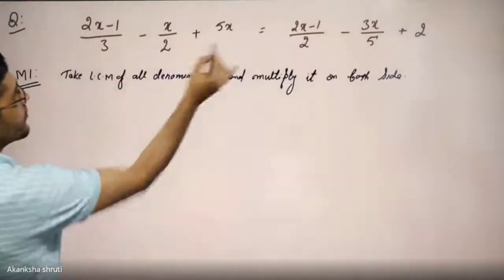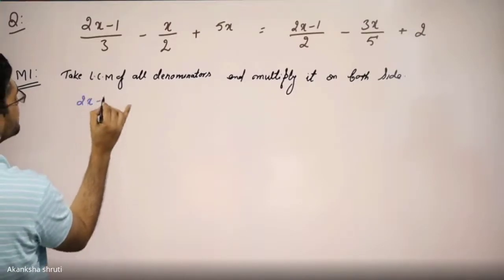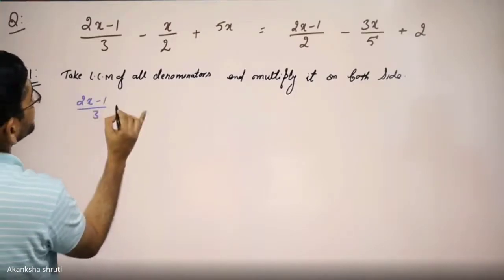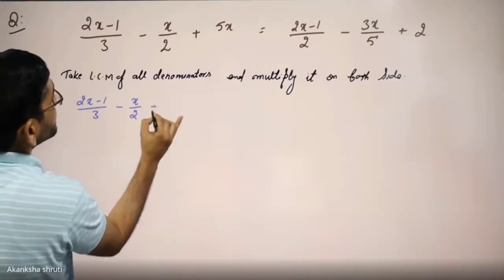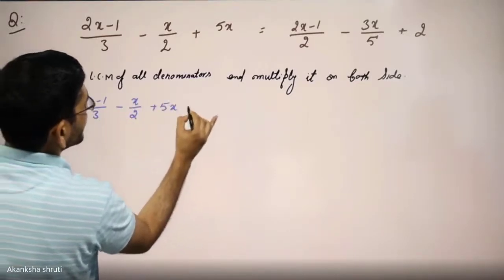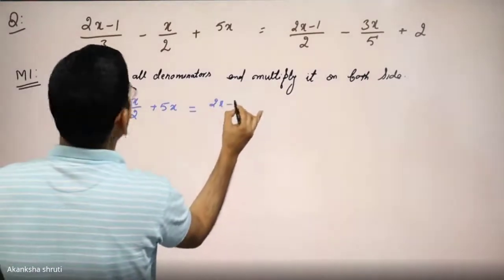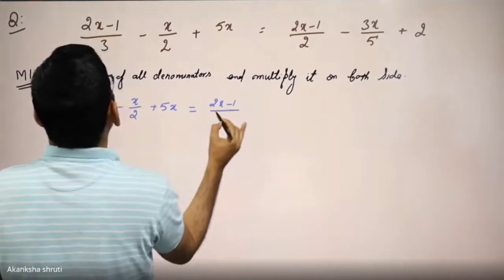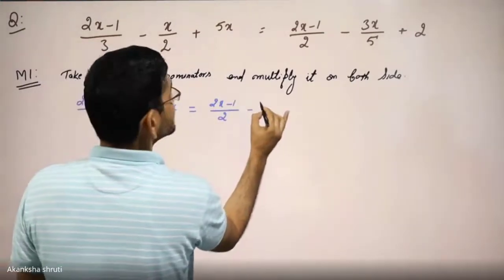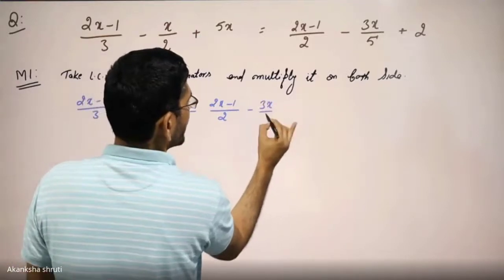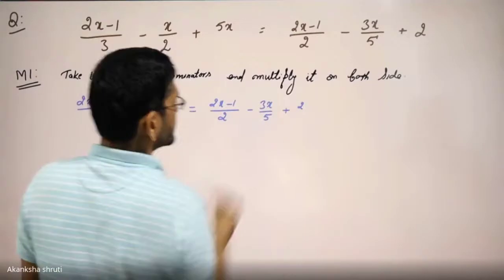Student, whatever the question given, let me just copy it. 2x minus 1 by 3 minus x by 2 plus 5x is equal to 2x minus 1 by 2 minus 3x by 5 plus 2.